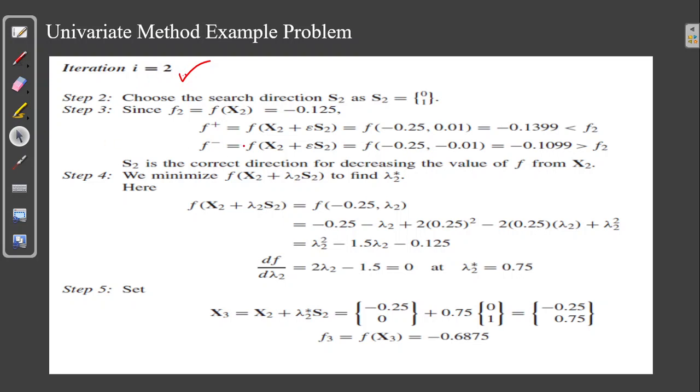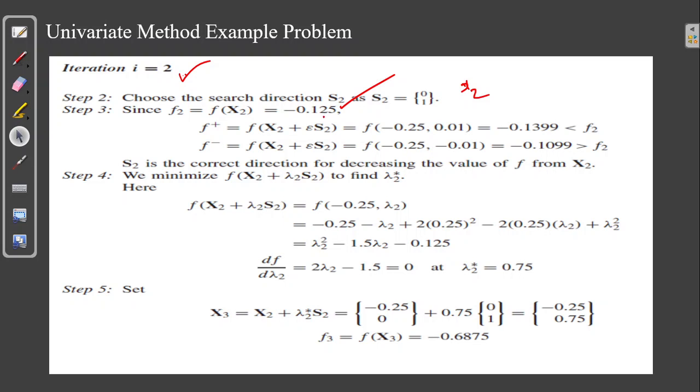Then in the next step, we increase the iteration number i equal to 2 and repeat the procedure. First of all, we choose the search direction S2, which is nothing but S2 equal to x1 is 0, x2 is 1. That means we are going in the direction of x2. Now, f of x2 is minus 0.125.